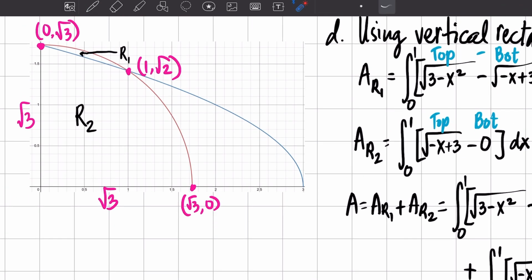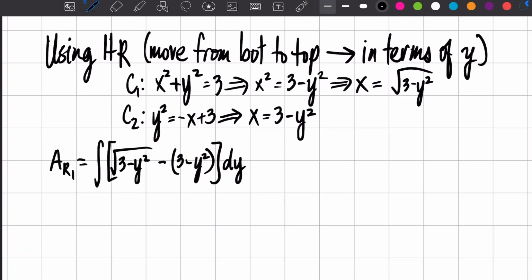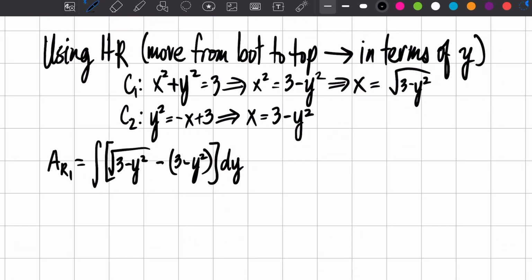And for our bounds, we are doing this from the lowest y value, y equals square root of 2, until we reach this point, y equals square root of 3. So this one would be from square root of 2 up to square root of 3.